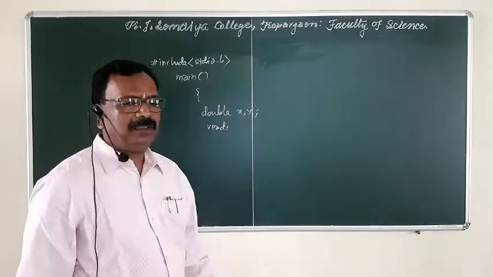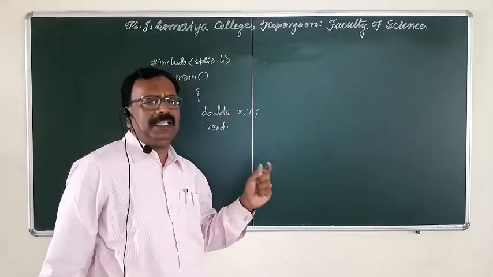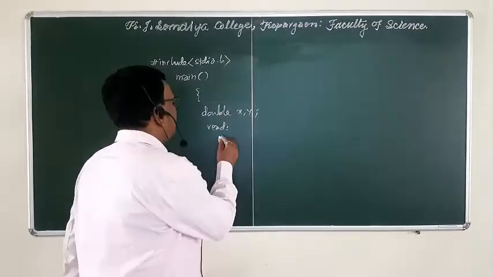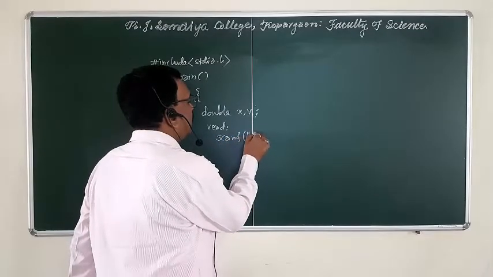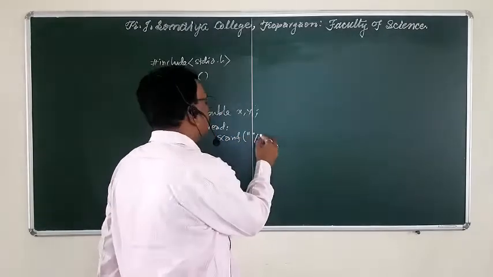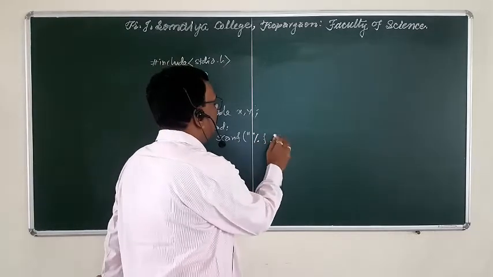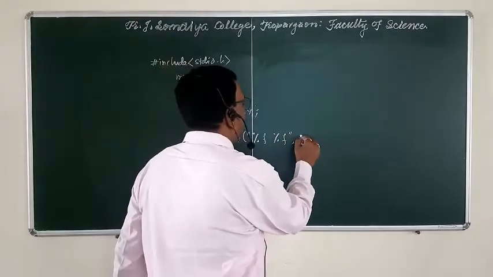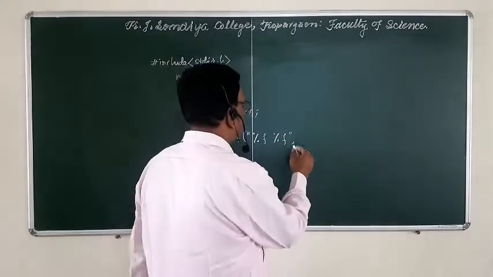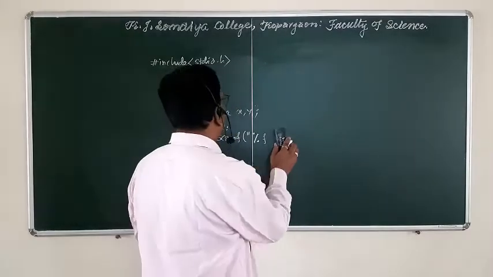Therefore, double, then read. This is the label. I already told you that a label is nothing but any valid variable name. Read. Then scanf, percentage f, ampersand x. We are going to use only one variable.